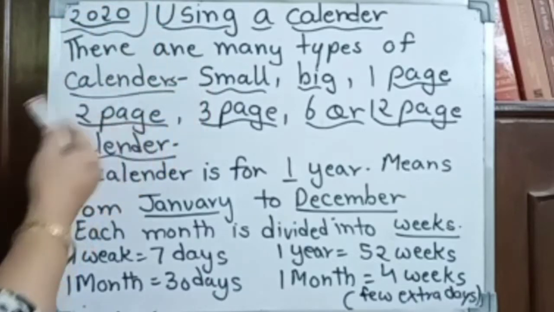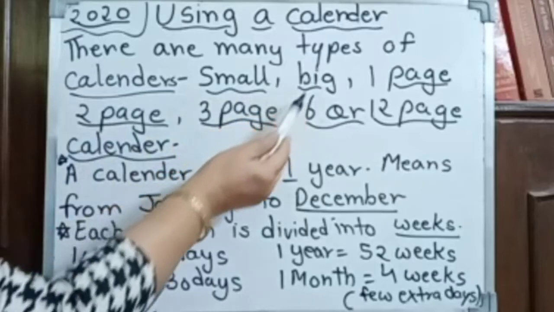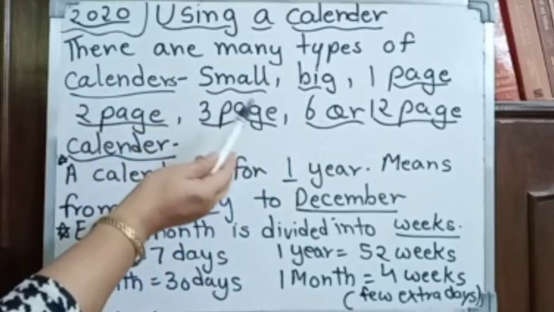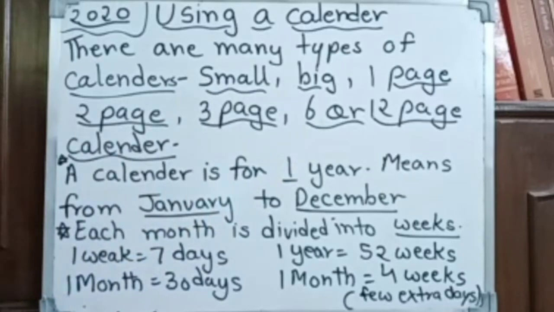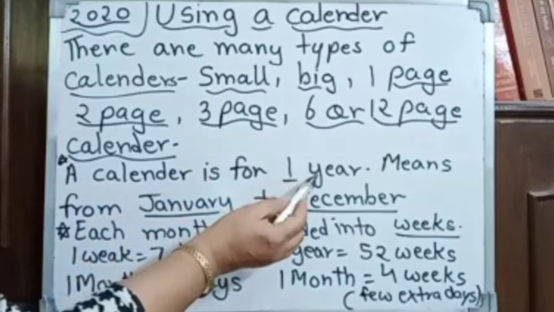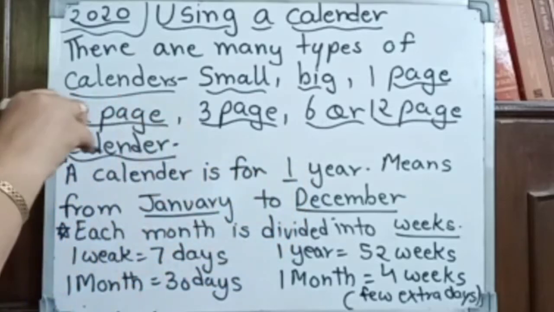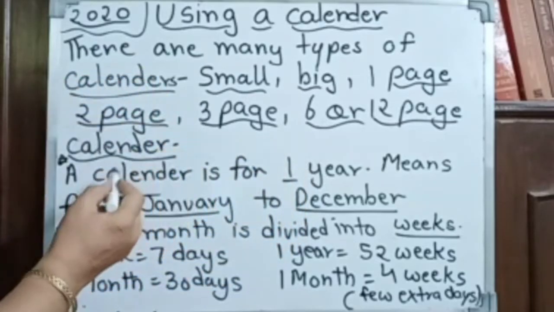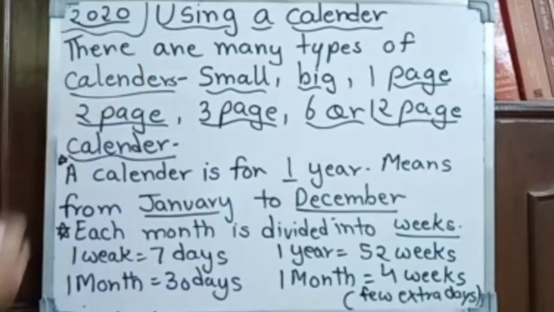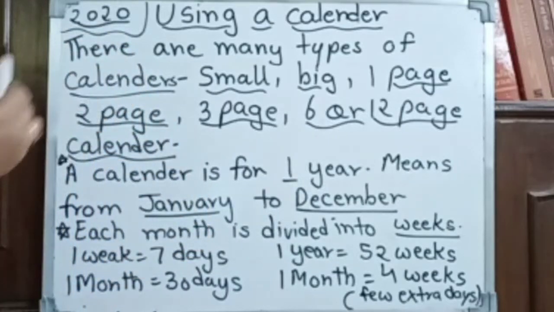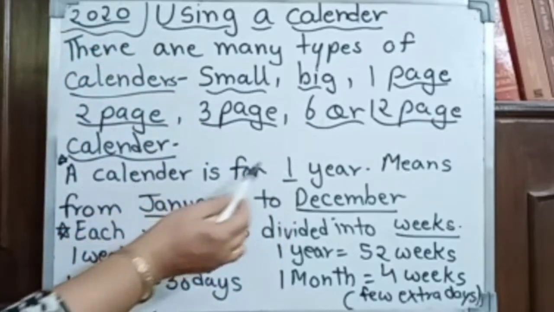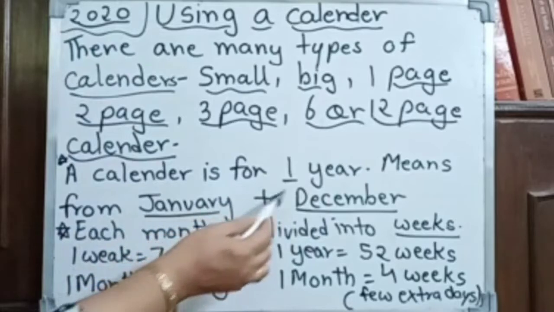Now again, a very important thing: a calendar is for 1 year. Suppose in front of you, if you have a calendar of 2020, as the 2020 year is going on, a calendar is for 1 year, means January to December.